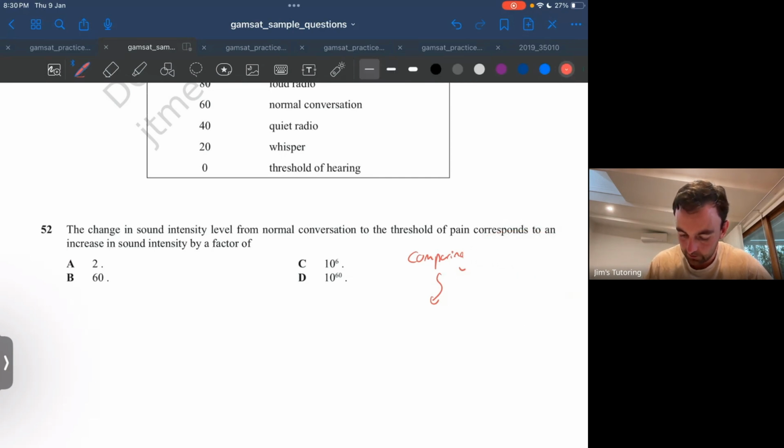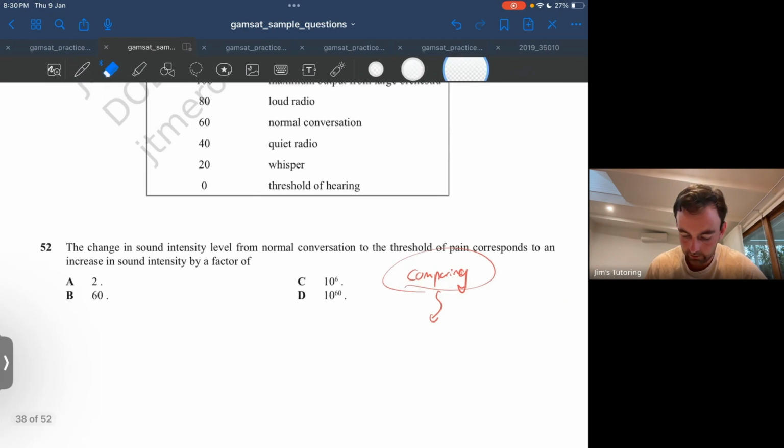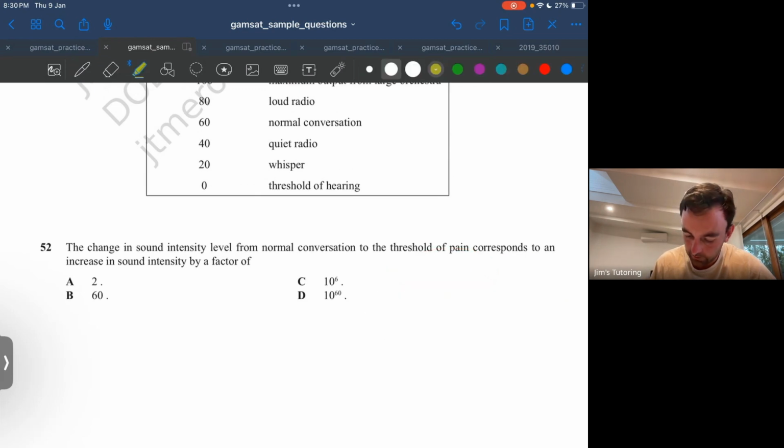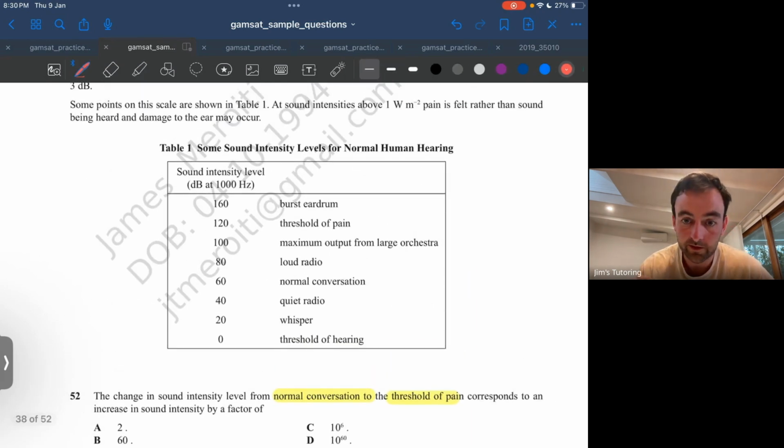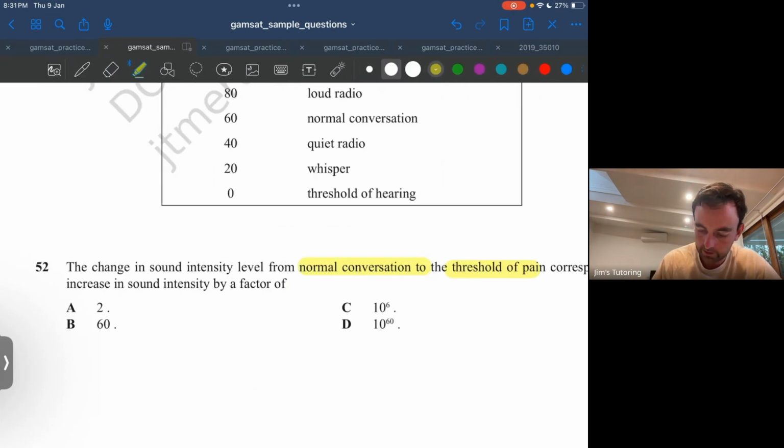comparing. Okay, so comparing is the key word about how you actually solve this problem, is you need to compare 2 situations. Now, what are those 2 situations? The threshold of pain and normal conversation. It's very important to be quite specific when you're doing these questions, because you can already see what they're doing.